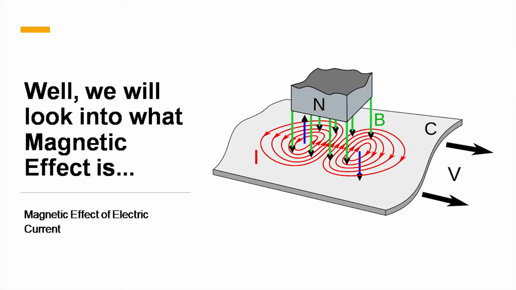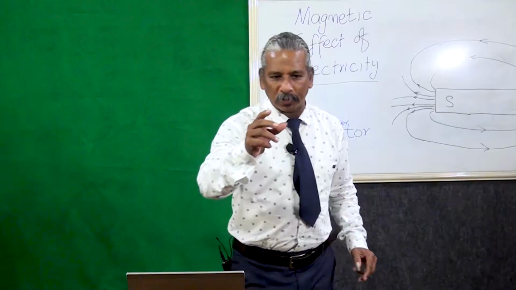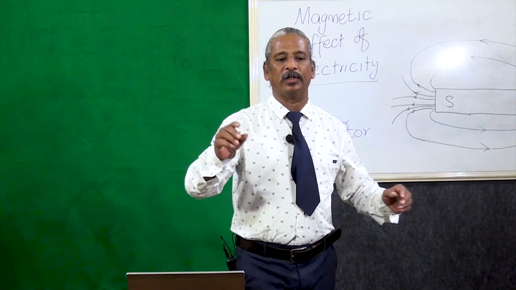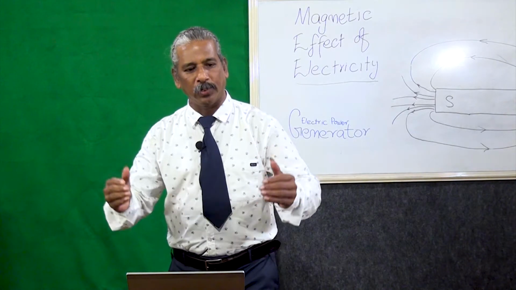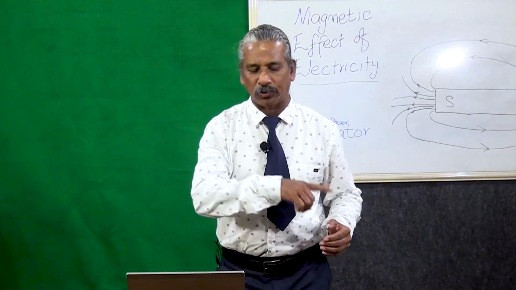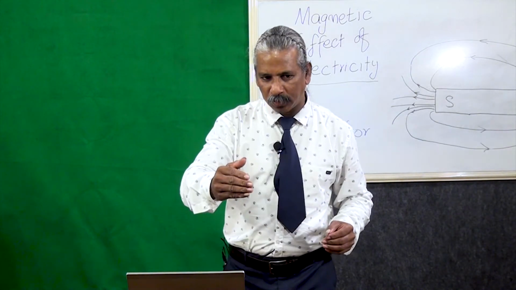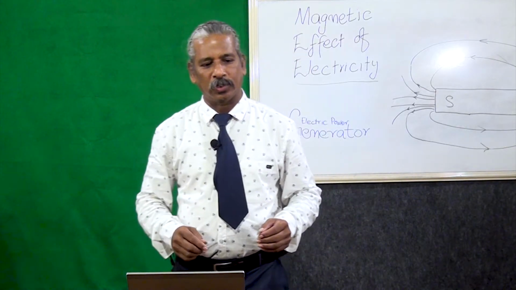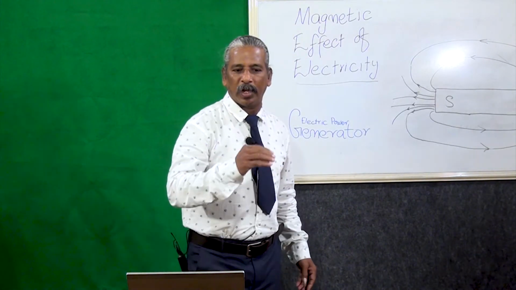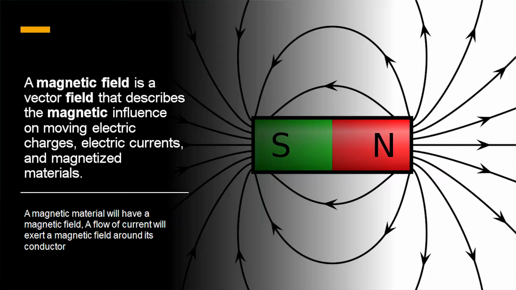We'll look into what magnetic effect is. A magnetic field is a vector field that describes the magnetic influence on moving electric charges, electric currents, and magnetized materials. A magnetic material will have a magnetic field, and a flow of current will exert a magnetic field around its conductor.